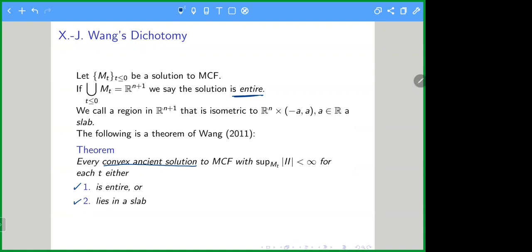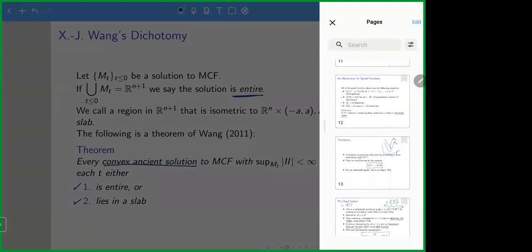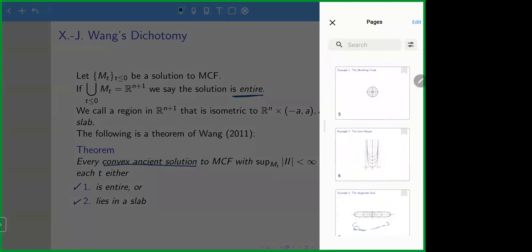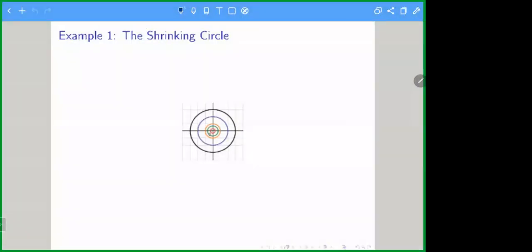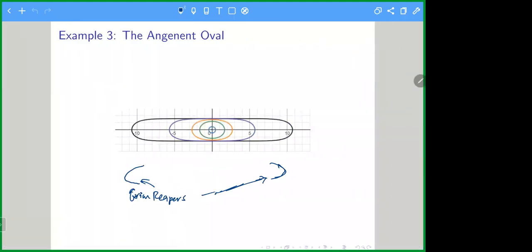So let me go back to the curve shortening flow and show you that this is actually something that we observe in curve shortening as well. I told you that the convex ancient solutions only come in four varieties, right? One is the shrinking circle. This is entire, sweeping out all of the plane. This is contained in a strip. This oval is also contained in a strip.